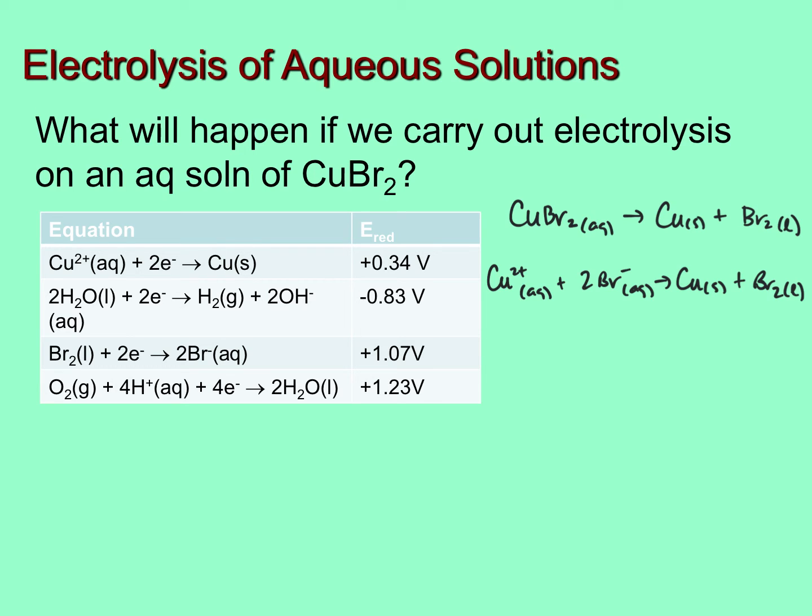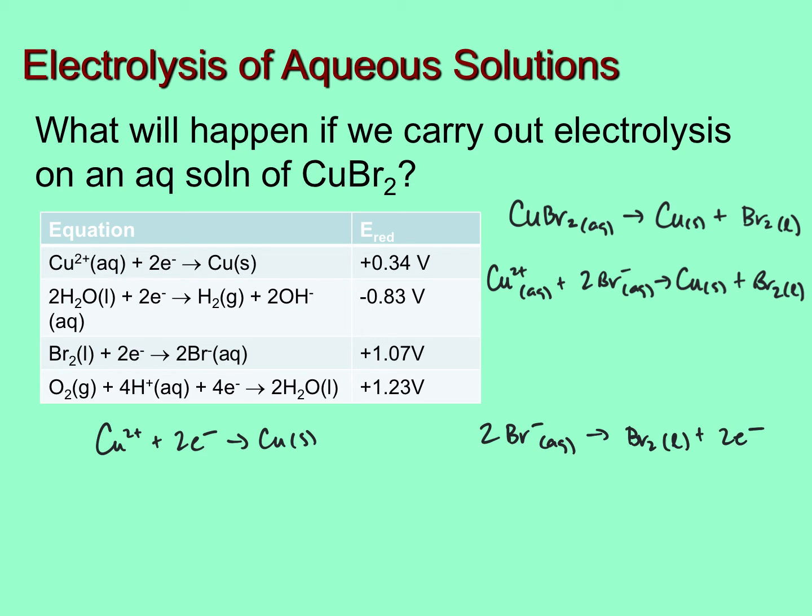The first one is Cu2+ plus 2 electrons gives you Cu solid. And then the other one would be the oxidation equation, 2Br negative aqueous yields Br2 liquid plus 2 electrons.